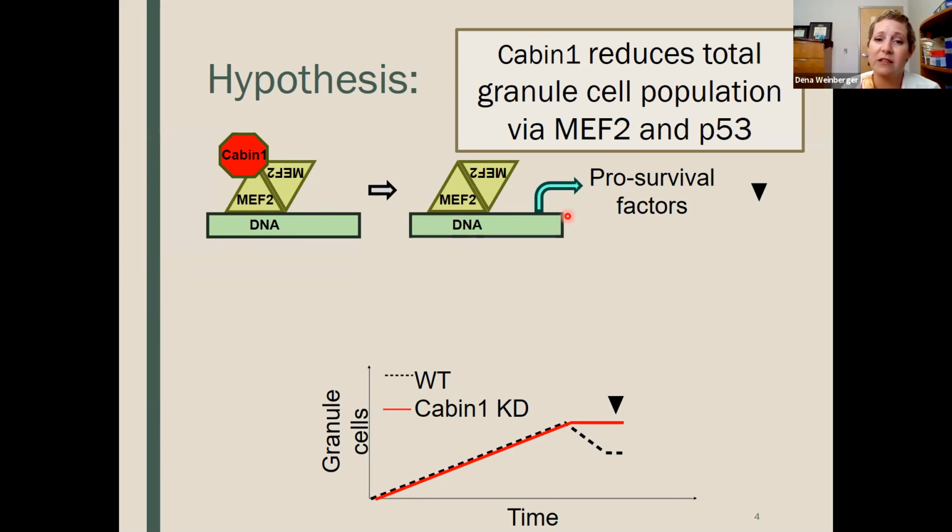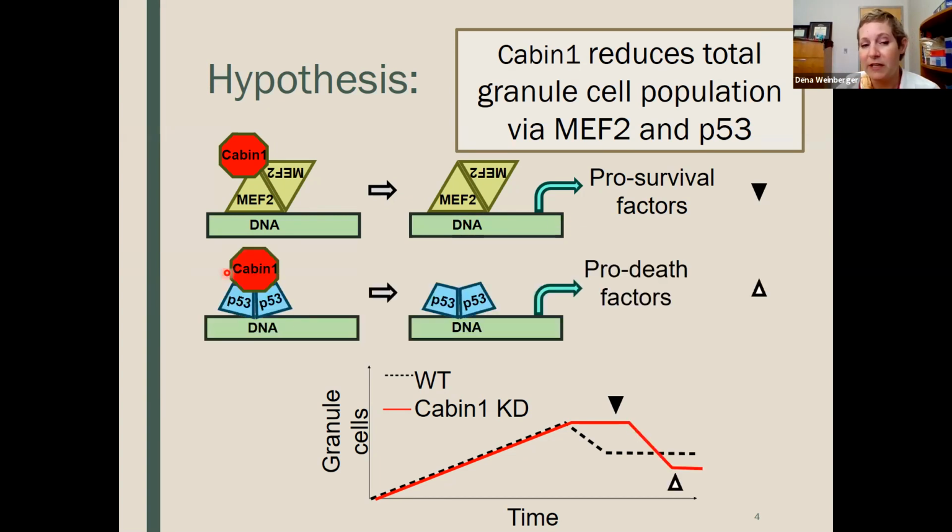If you don't have it, then these cells do not survive very well. Cabin is also known to regulate another transcription factor, P53, the tumor suppressor, which is more famous for promoting death. When P53 is active, we get the production of pro-death factors, which would presumably be responsible for removing this population of cells.